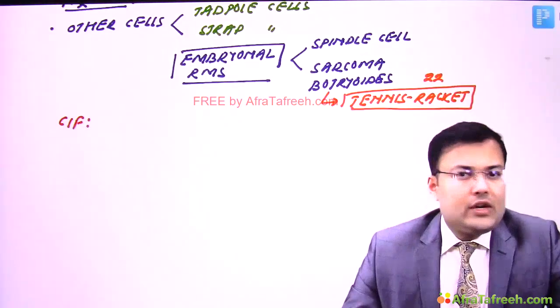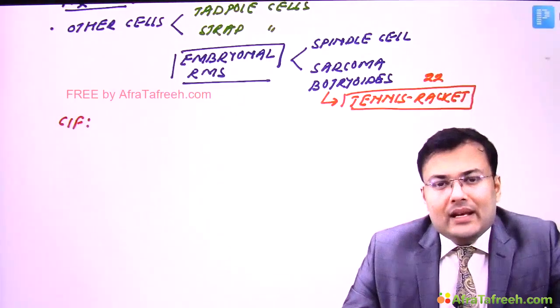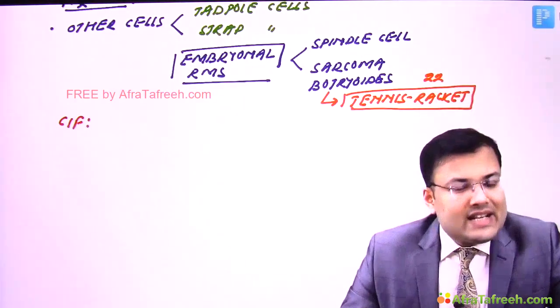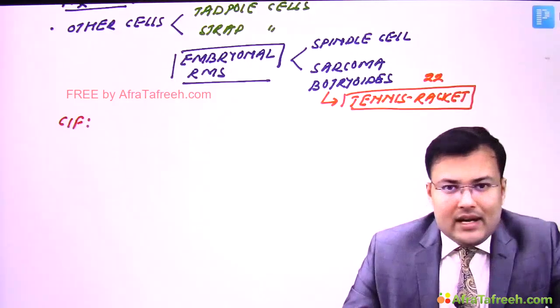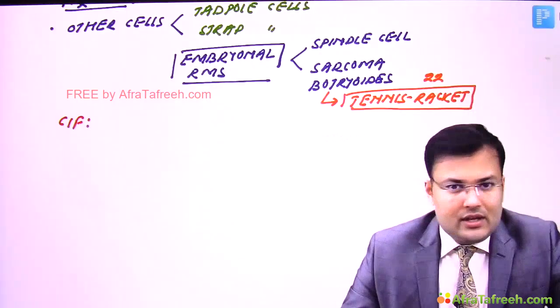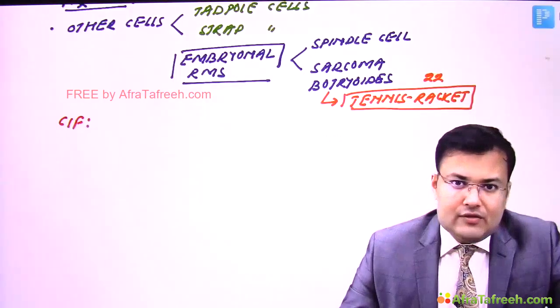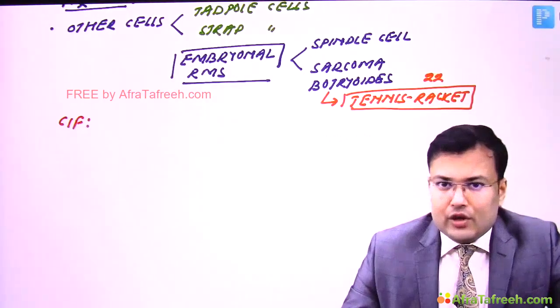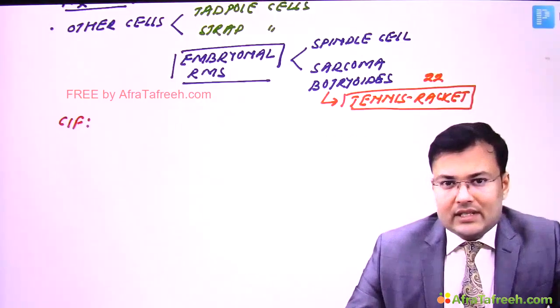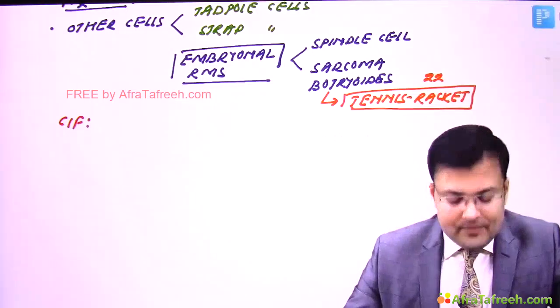The most common presentation is a rapidly growing painless mass. The most common route of spread is hematogenous. The most common site of metastasis is the lungs. The investigation of choice for diagnosis is true cut biopsy or core cut biopsy, and the investigation of choice to assess the extent is MRI.